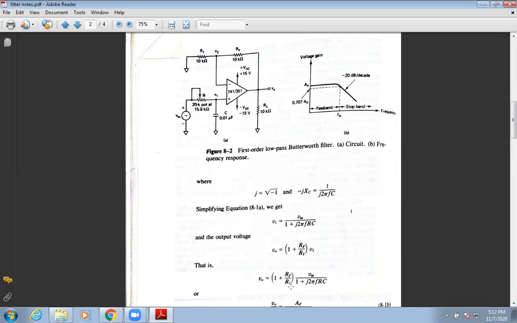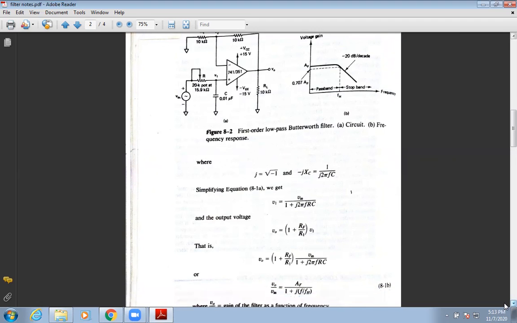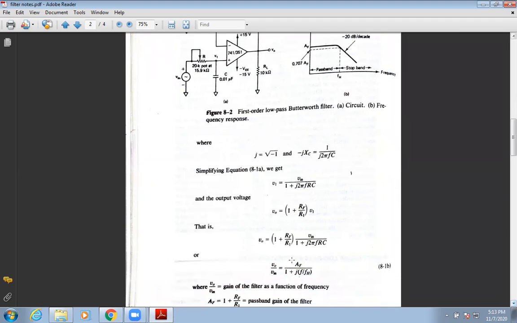So we can say that V out is equal to 1 plus RF divided by R1 into V1. Put the value of V1 from equation 8.1a, V in upon 1 plus j 2 pi fRC, and we can say that the gain is given by V out upon V in, which is equal to AF.